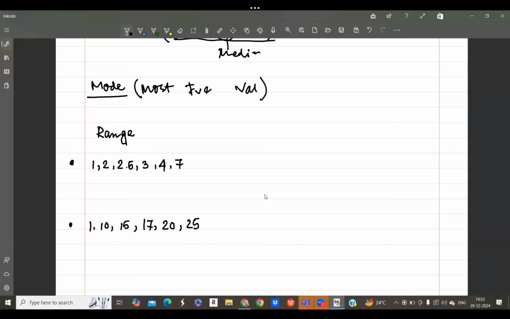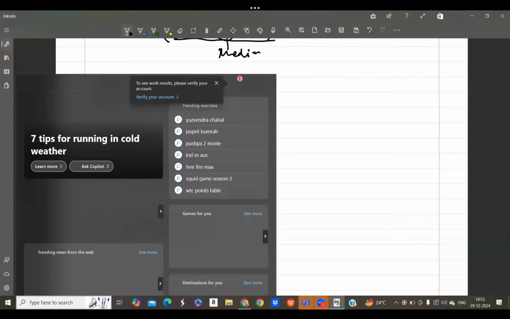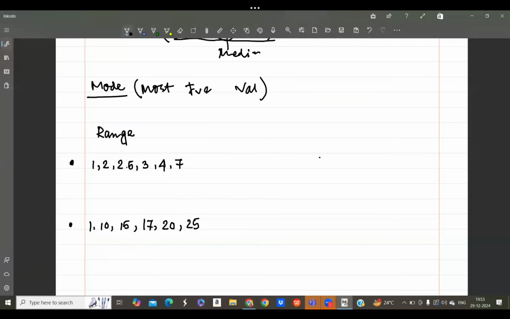In this one also, we have 6 data points, 1, 2, 3, 4, 5, 6. Now you tell me, out of these two sets of data, which one has the higher range? Second one.